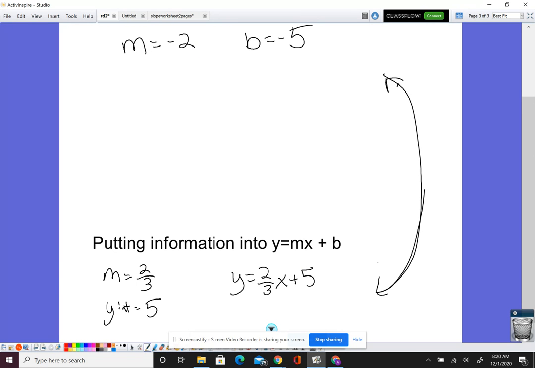Today is mainly just focusing on intercepts, getting them from graphs, getting the y-intercept from y equals mx plus b, and then the last part, getting the x and y intercepts from an equation that's in standard form, and then graphing it. Questions?